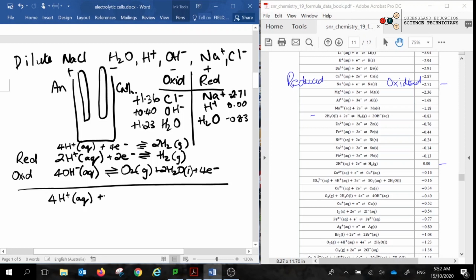hydrogen ions, 4 hydroxide ions, which is really, if we look at it as 4 waters, to produce oxygen gas, hydrogen gas, and there's 2 hydrogen gases. Let's fix that up a little.